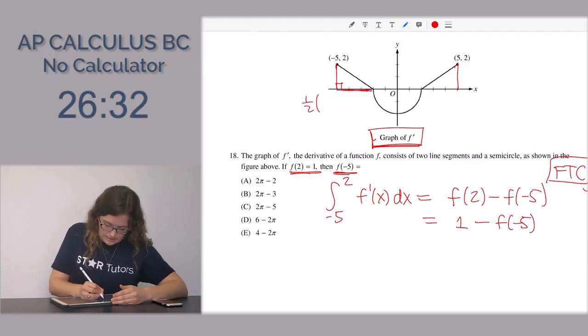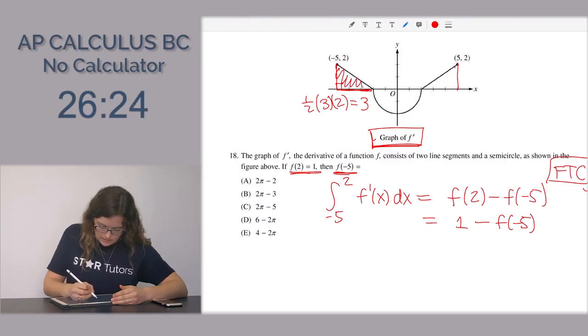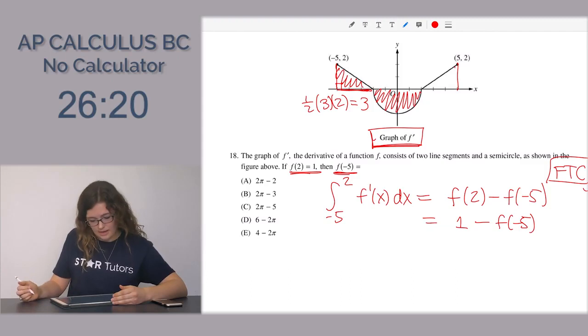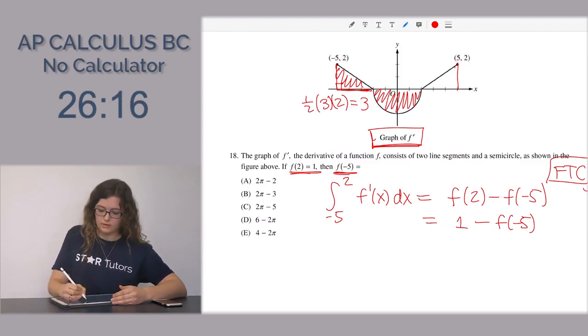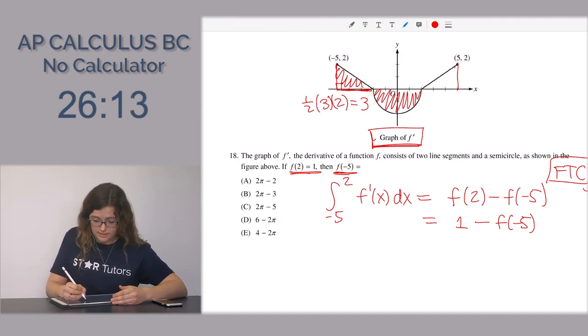The base is 3 and the height is 2, so that area is 3, this first triangle. Then this is below the x-axis, so be careful to count this as negative in the integral. The area of a circle is pi r squared, so this is half pi r squared, 1/2 pi.